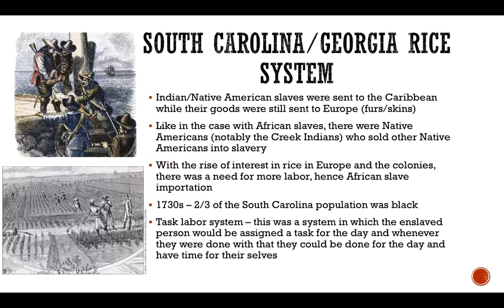So they could farm their own land, they could build their own homes, they could essentially have free time so long as they had completed the task that they were assigned to complete. So whether it took them 2 hours or 10 hours was sort of up to however they were able to work and get this done.